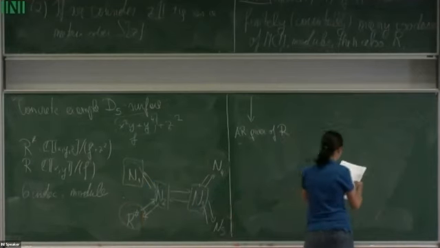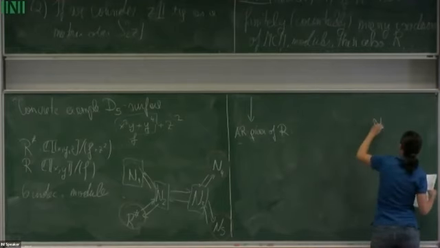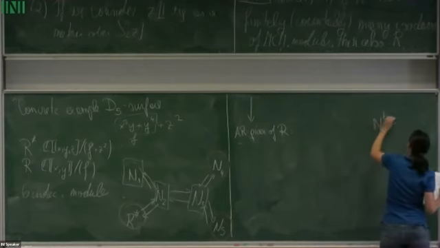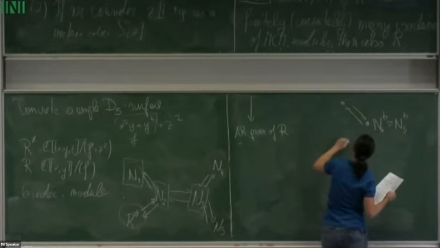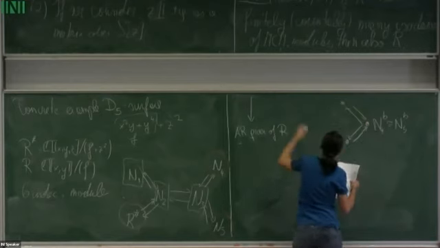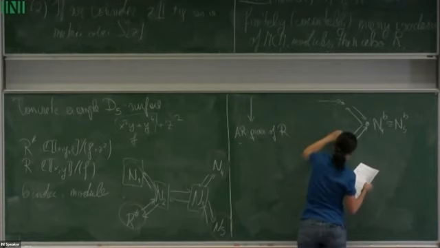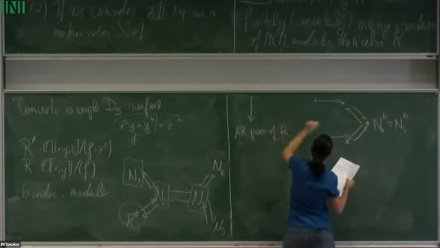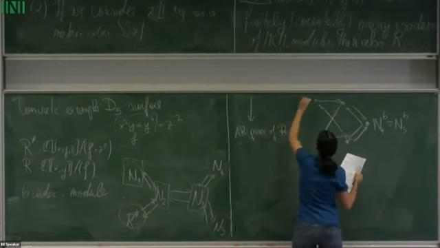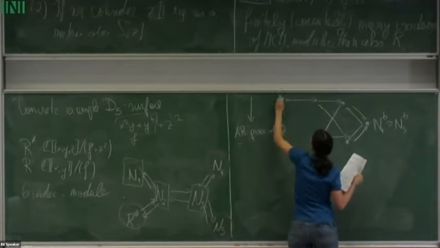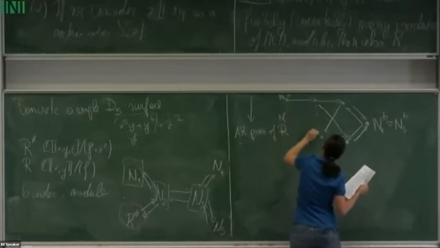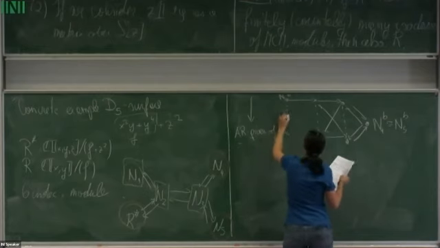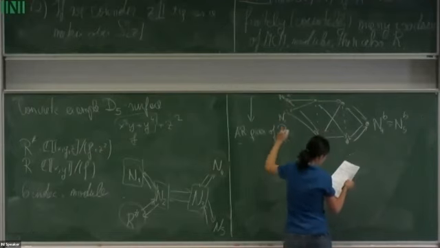So now let's see if I can draw this. Here we have N4 flat, N5 flat, and the maps are here. This is N1 flat, the second N1 flat.